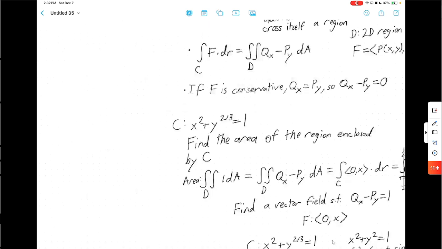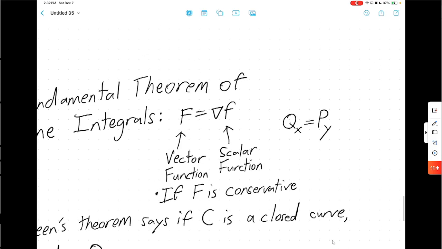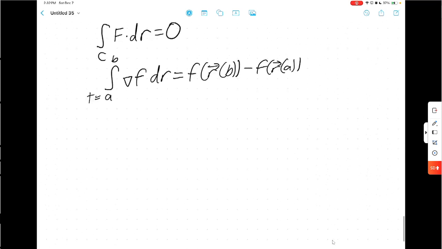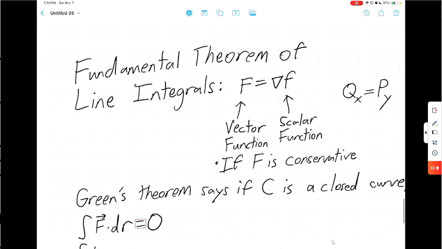What was the difference between the small f and the large F? Okay, so the small f is essentially a scalar function. The big F is going to be a vector function. I should probably use an arrow for denoting a vector function.